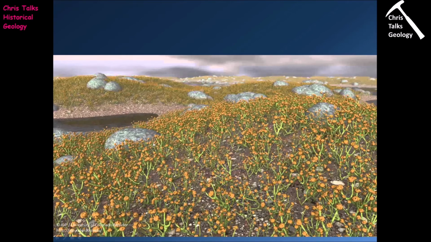Well, as soon as a Cooksonia plant grows up on the side and starts to lean over the top, it's obviously going to steal the sun from that lichen. And so the lichen's slowly going to starve, whereas the Cooksonia plant, because it's getting all the sunlight, will grow and thrive. So being a vascular plant and being able to stay upright is a major evolutionary advantage when it comes to plant development.